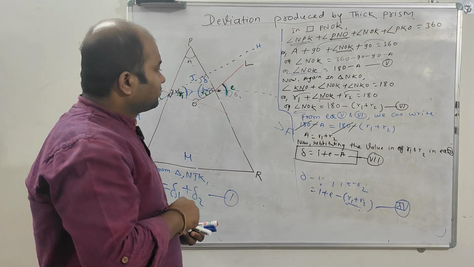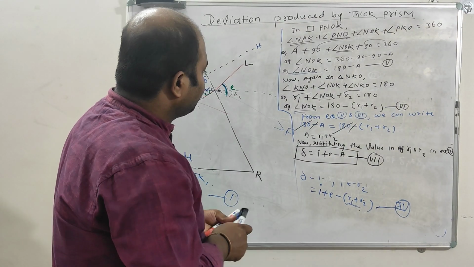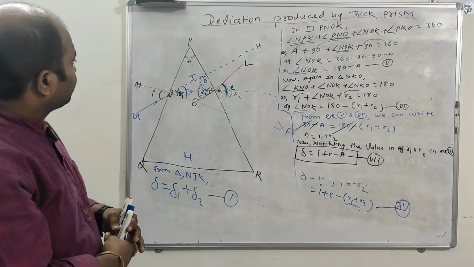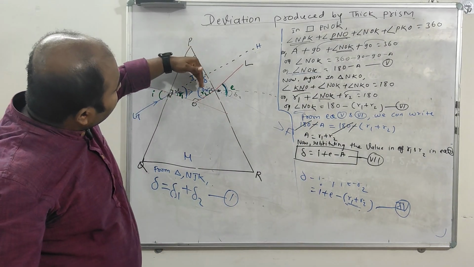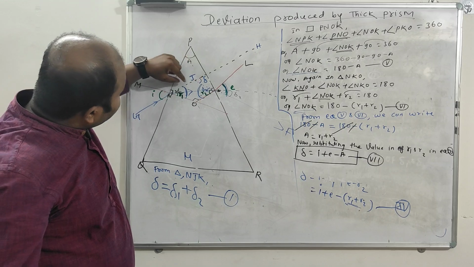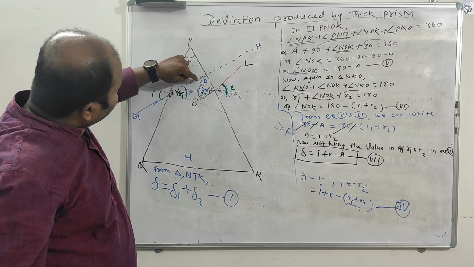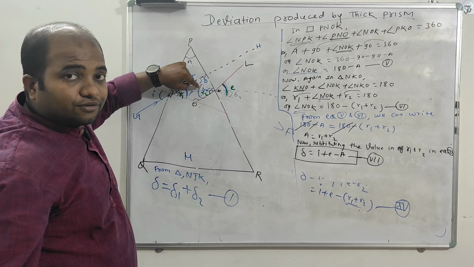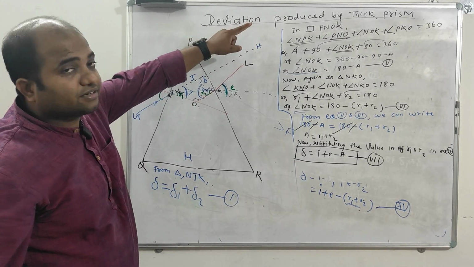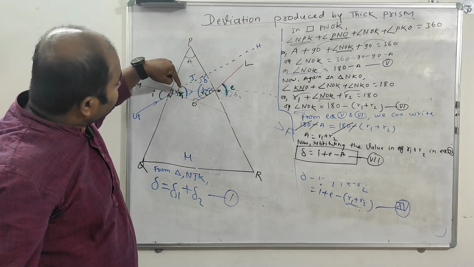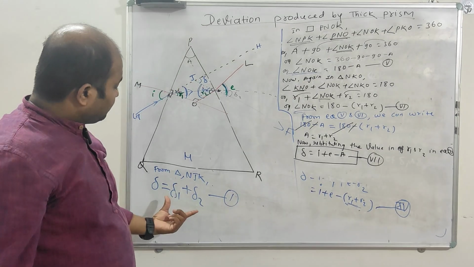Right? So till now what we have done: first, from the original direction, we found the final deviation, del, and del is equal to del 1 plus del 2, because our goal is to find the deviation. So this del is equal to del 1 plus del 2. This is our equation.